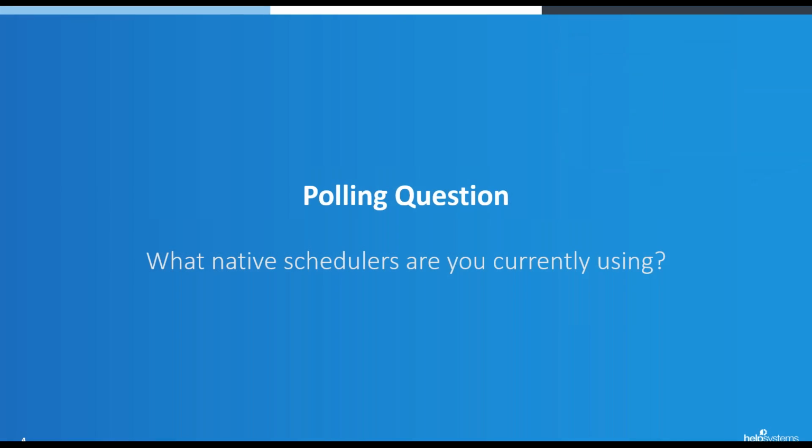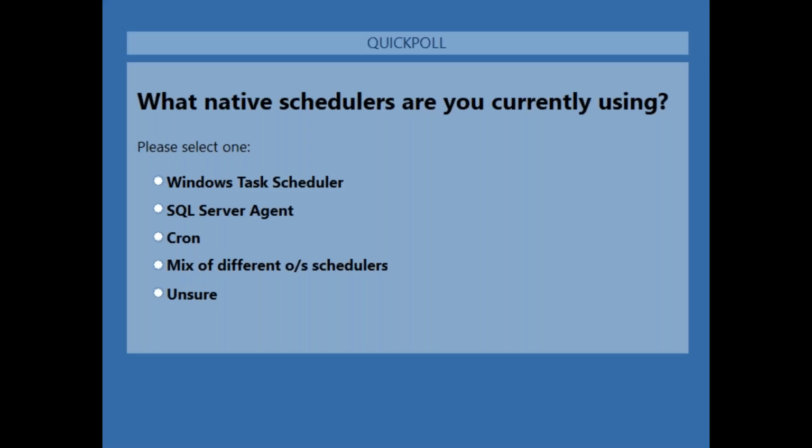All right, let's start out with a poll question. What native schedulers are you currently using? Windows Task Scheduler, SQL Server Agent, cron, a mix of different OS and application schedulers? You're unsure.